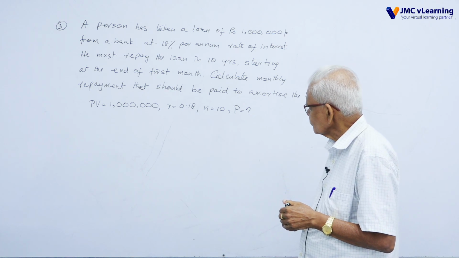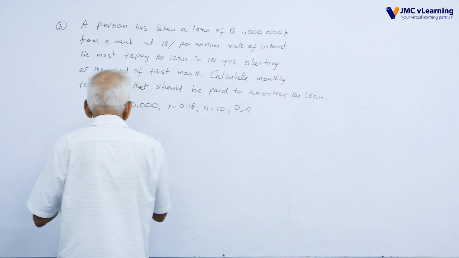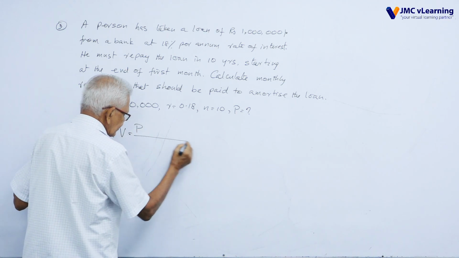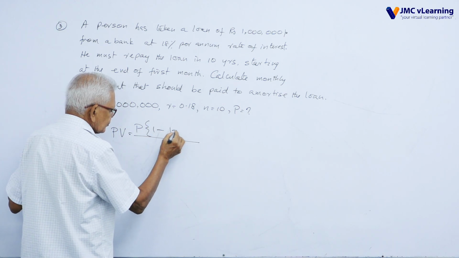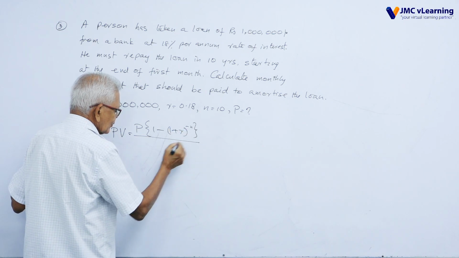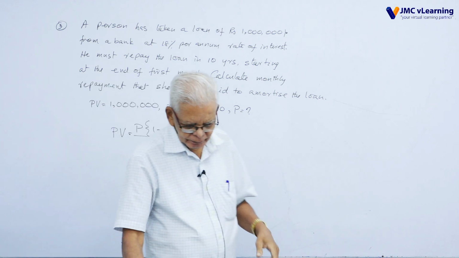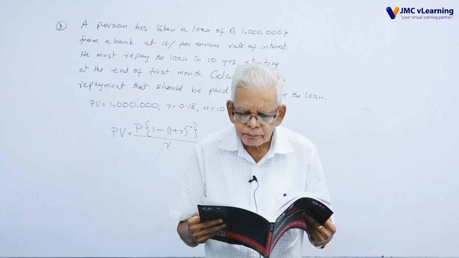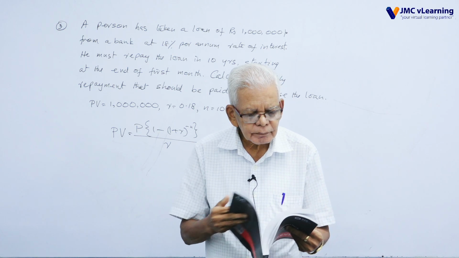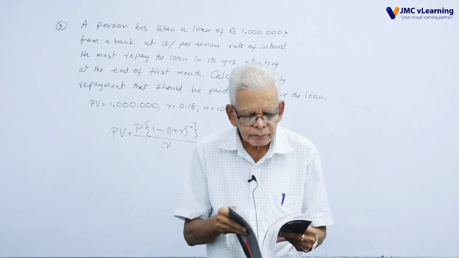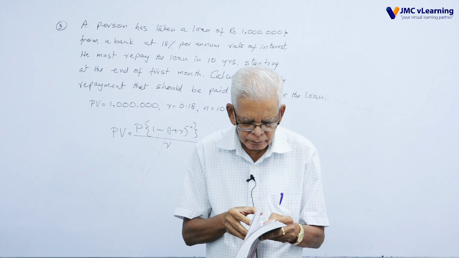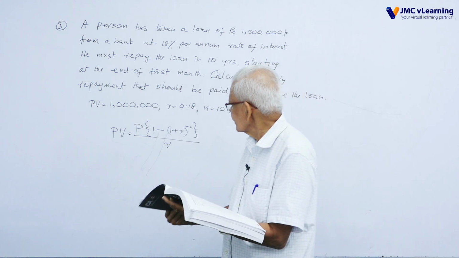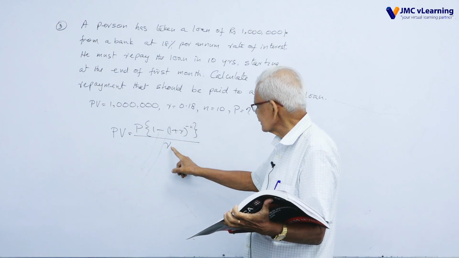Now, what is the formula? Present value equals P times (1 minus (1 plus r) to the power minus n) over r.